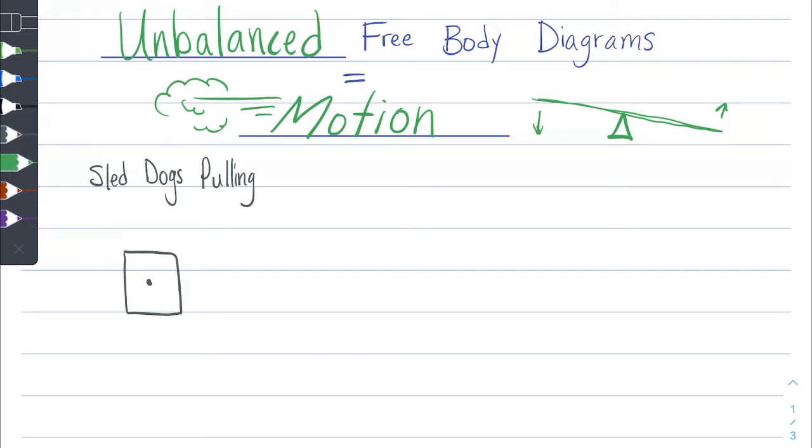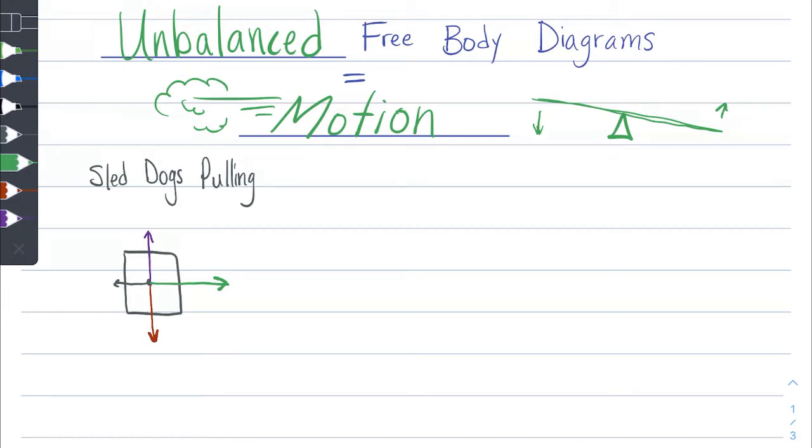Okay, so in this situation now, we have the dogs that are pulling us ahead. Now there's a little bit of friction that will be involved here on the snow, but there's not very much friction. Also, the weight of the sled is still going to be affecting the sled. It still has some type of weight to it, but it's not going through the ground, so therefore there has to be an opposite force also going up.